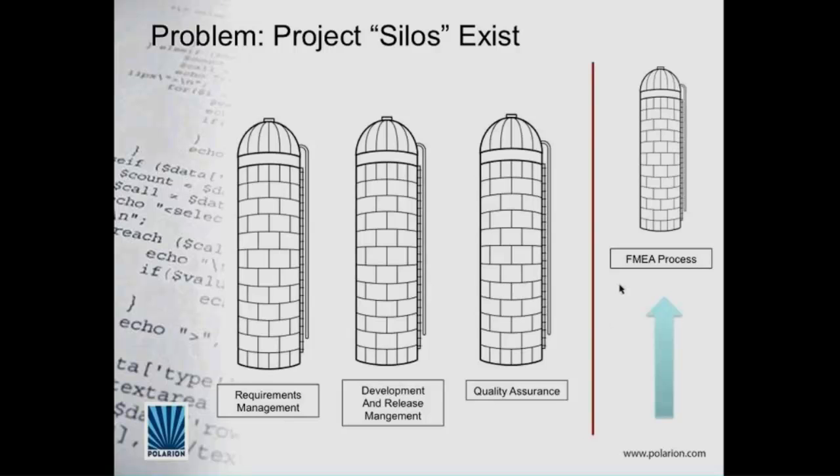And if we separate all of this information, it becomes very tedious, almost impossible to integrate the data together and to trace what we did as a result of a scored FMEA risk within requirements management, development and release, and quality assurance.